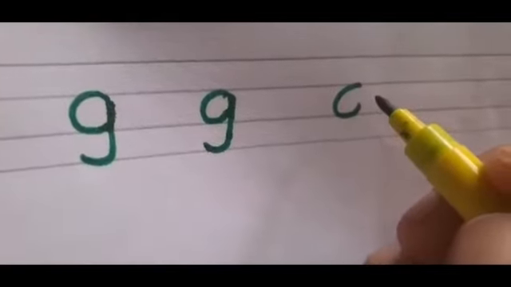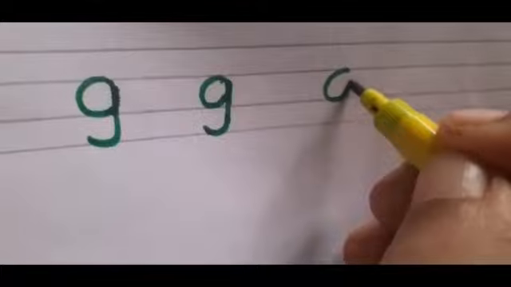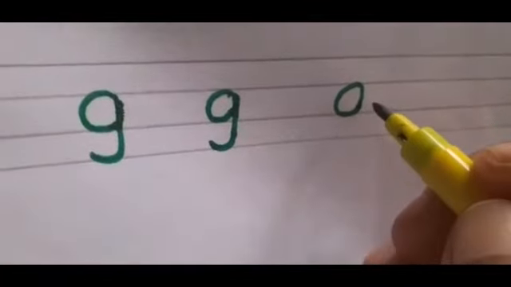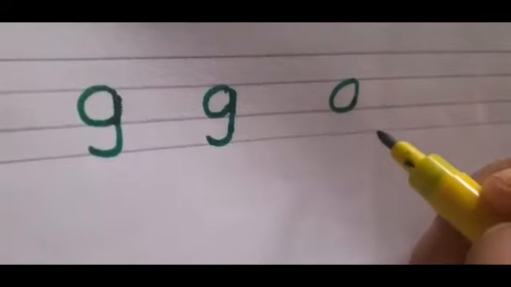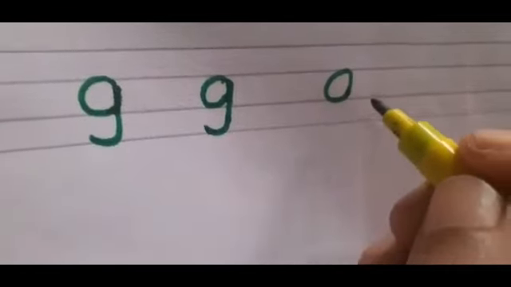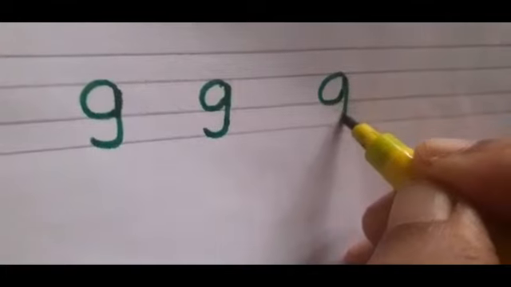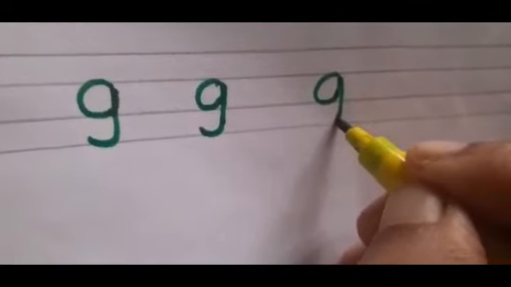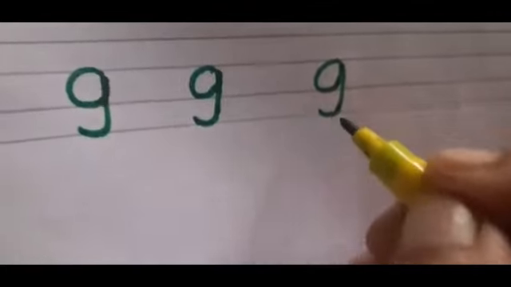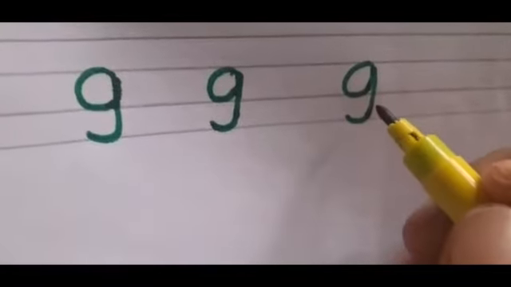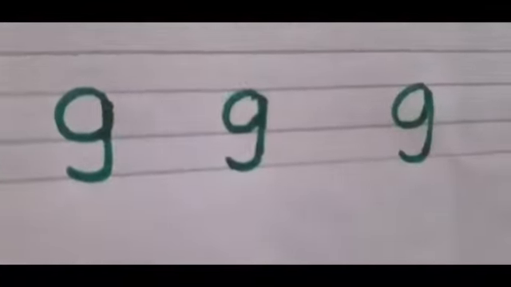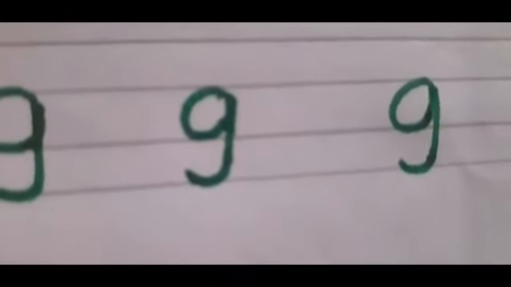Then go to the middle again and draw a standing line going down below the bottom with a small backward curve. Small letter G.